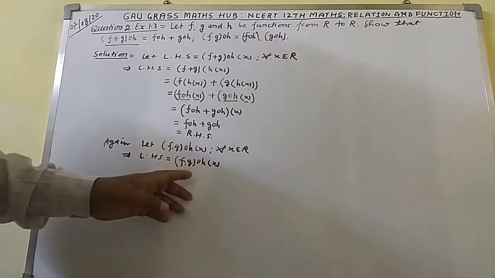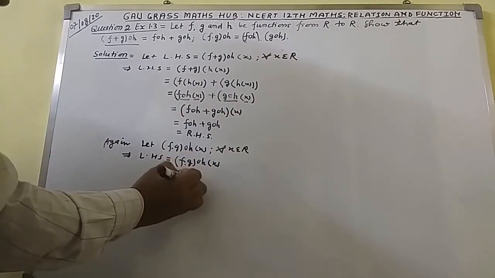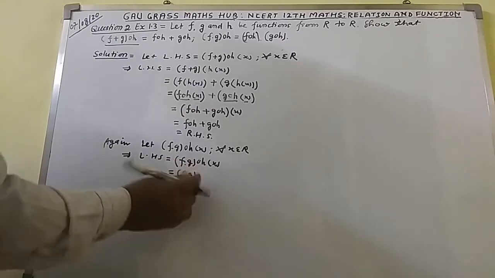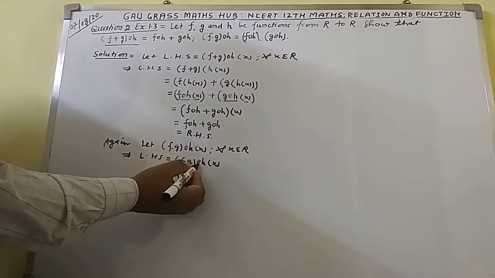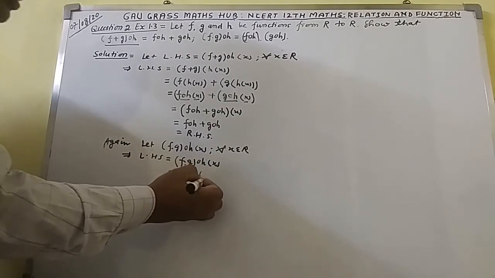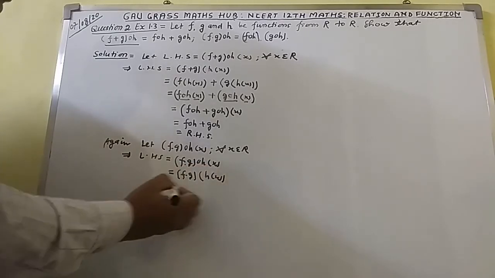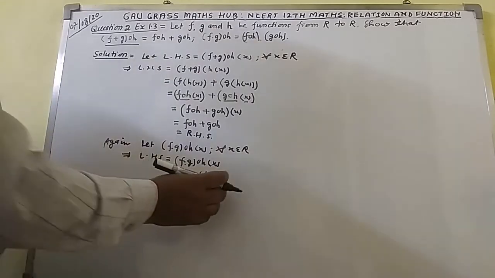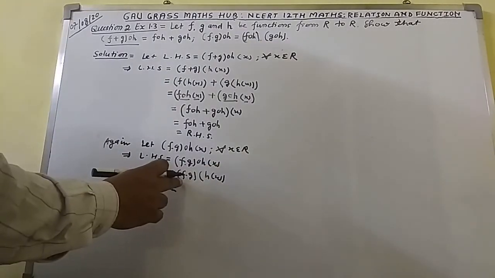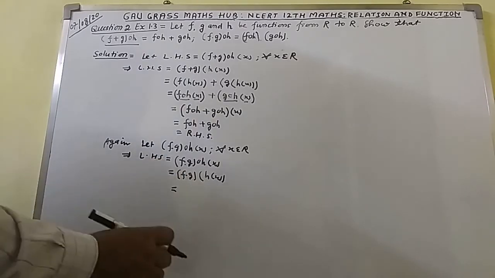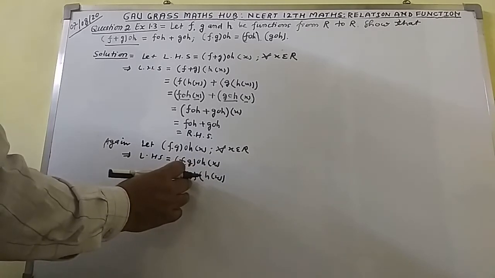What to do here? You can see this term will remain the same. f dot g will be in one bracket, and this small o will be converted into a half circle bracket. Inside, write h x, bracket close. Now this h x will be related to f, multiplied with this h x related to g.